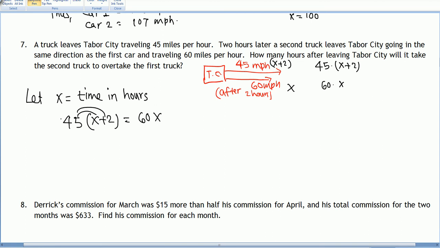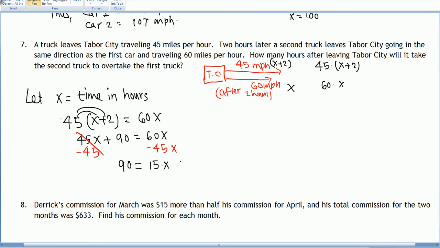Now distribute 45, so 45x plus 90 equals 60x. Between 45 and 60, I always want to move the smaller, so subtract 45x from both sides, and we get 90 equals 15x.